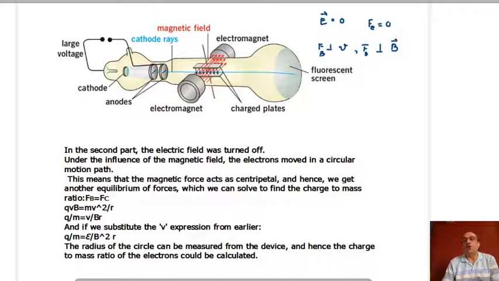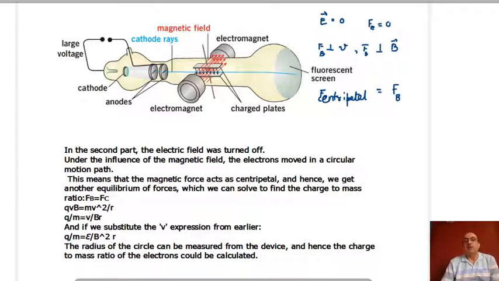So the Lorentz magnetic force, being perpendicular to the motion of the charged particle, will give the centripetal force. Hence, the centripetal force will be the magnetic force acting on this electron.